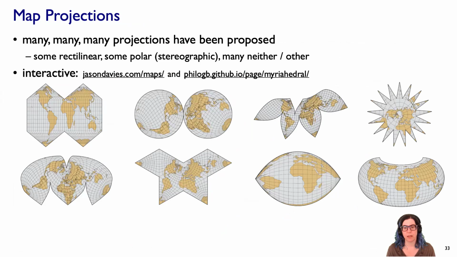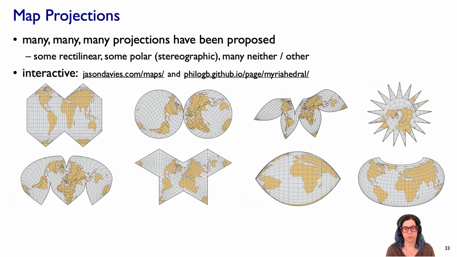Mathematicians have developed a huge number. Some of them are rectilinear, some are polar, or the 3D version of polar, sometimes called stereographic projection. But there's a whole lot that are not either one of them. So in our way of thinking about global layouts, we would simply call those other. Here you see many examples that do not map easily to either rectilinear or polar. There's a whole lot more if you're interested in exploring.